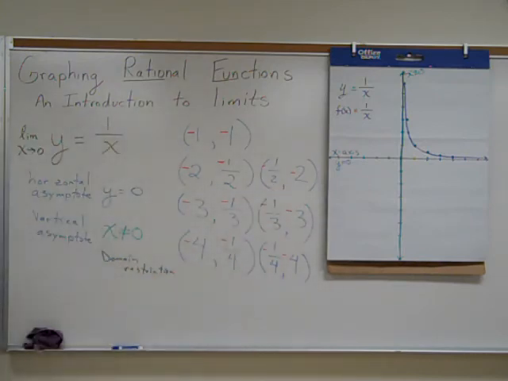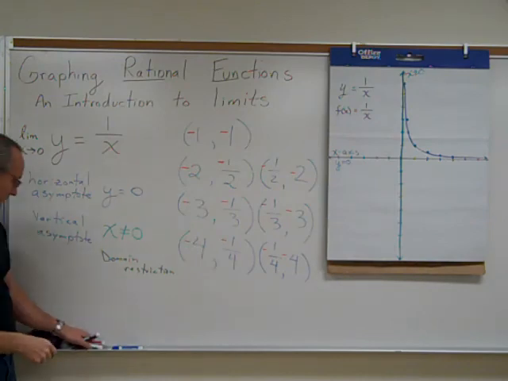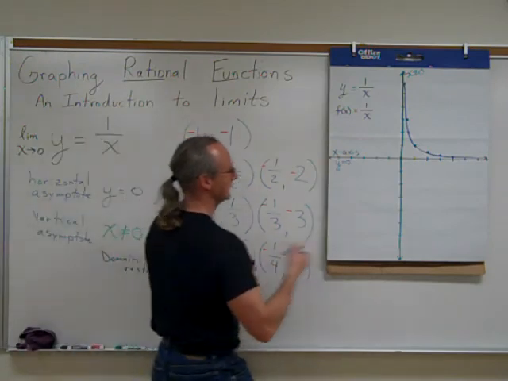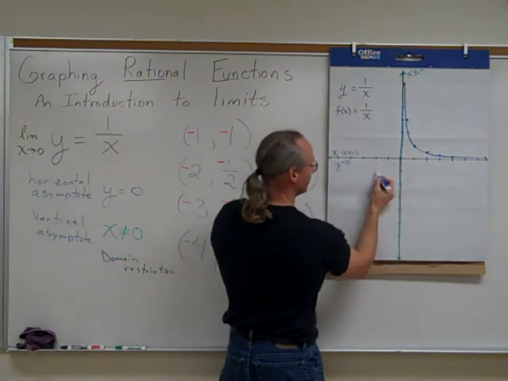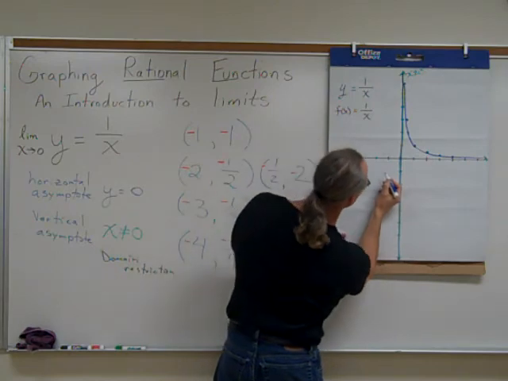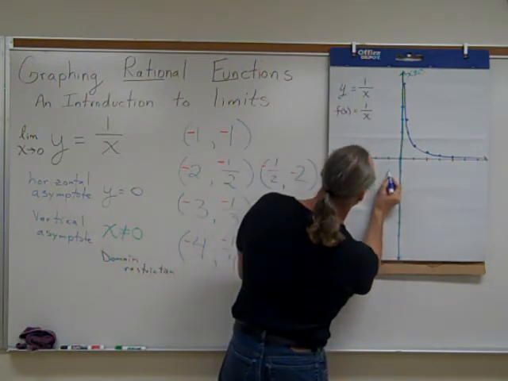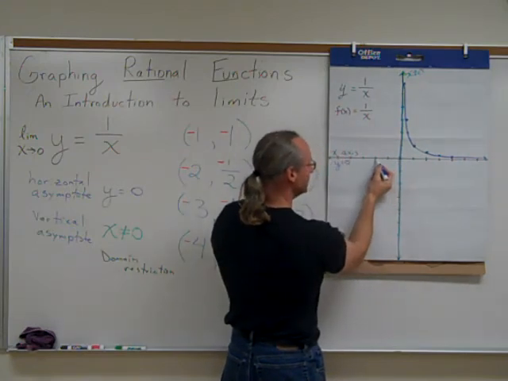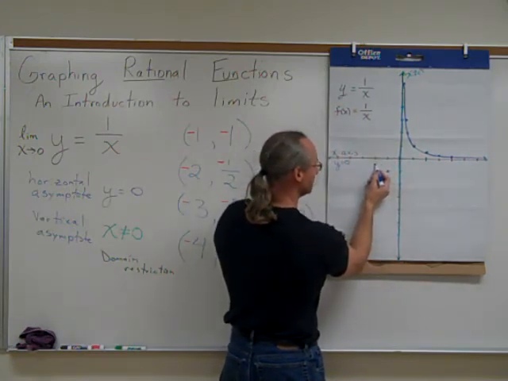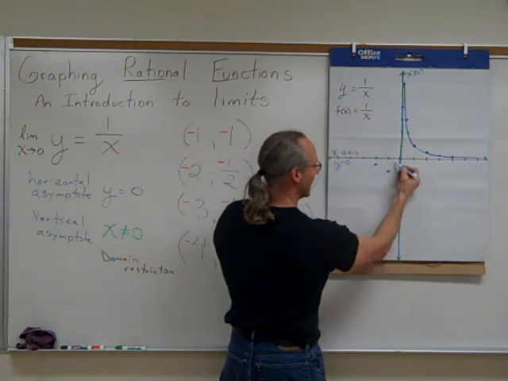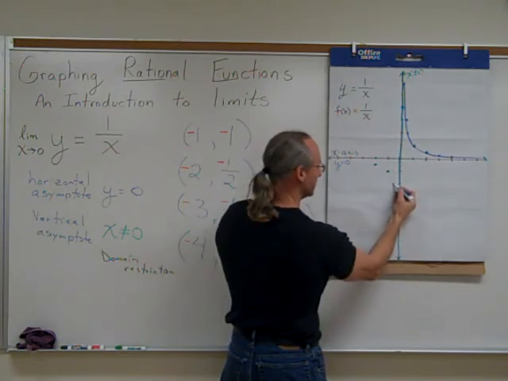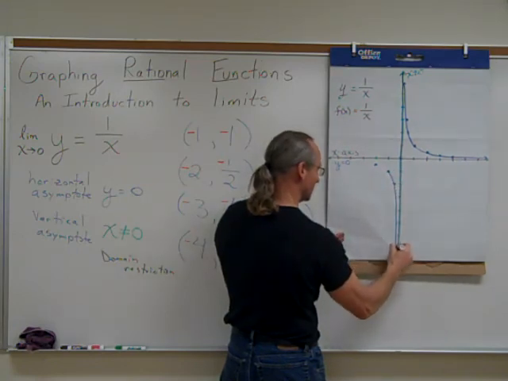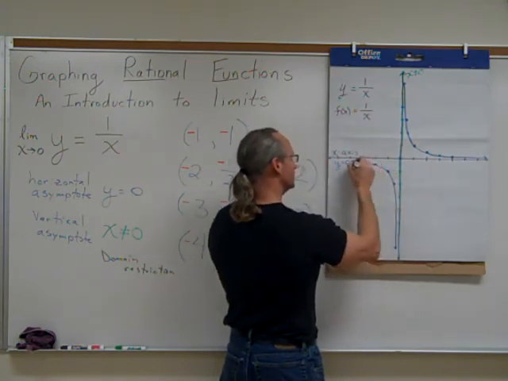There's all my negative values, and this function comes right down here at -1, -1. Oh, did I miss? -1, -1. -2, -1/2. -1/2, -2. And these approaches are similar.